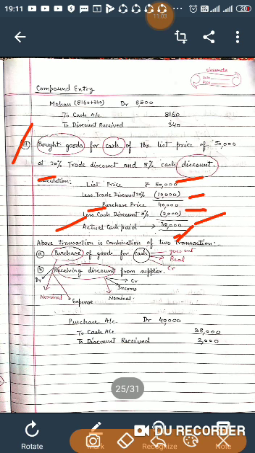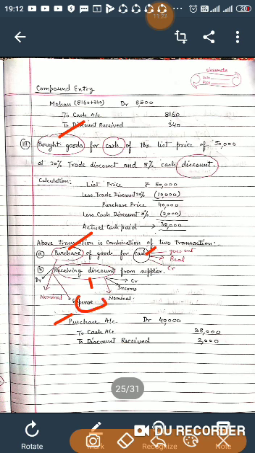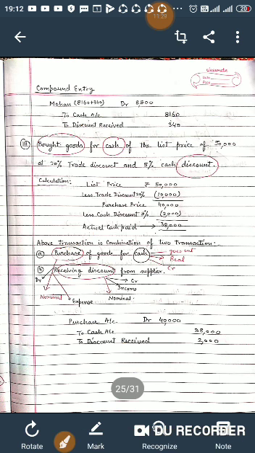So in this transaction, what accounts are involved? We will see purchase account is involved, cash is involved, and discount received is involved. Three accounts are involved. Purchase is a nominal account. It is an expense for the business, so it should be debited.